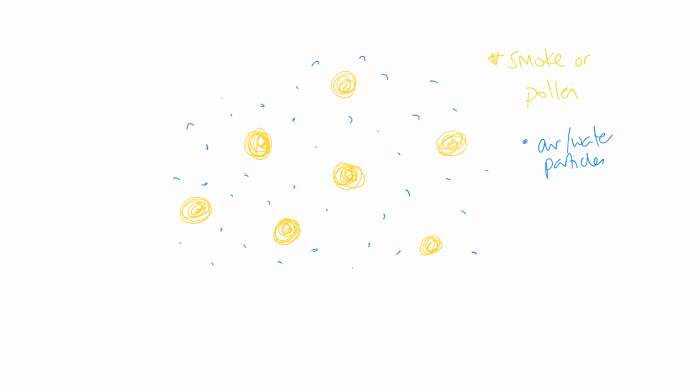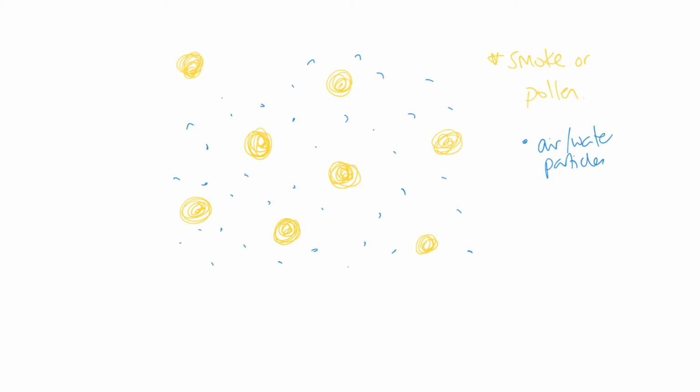So what we've got happening are these particles are moving around in a haphazard way. When they collide with one of the larger particles, it's perfectly elastic, so the kinetic energy is conserved. But we've got lots of these particles bombarding the smoke or the pollen from lots of different angles, and what we end up seeing are the smoke or pollen particles moving as a consequence of the lots of air particles or water particles passing the momentum or transferring the momentum from one to the other.